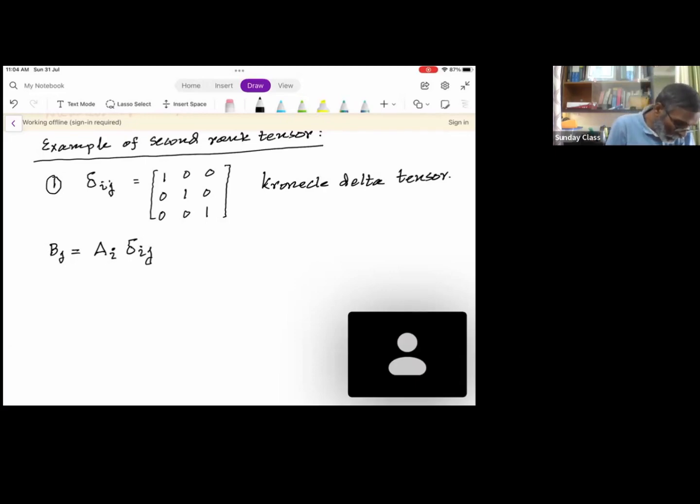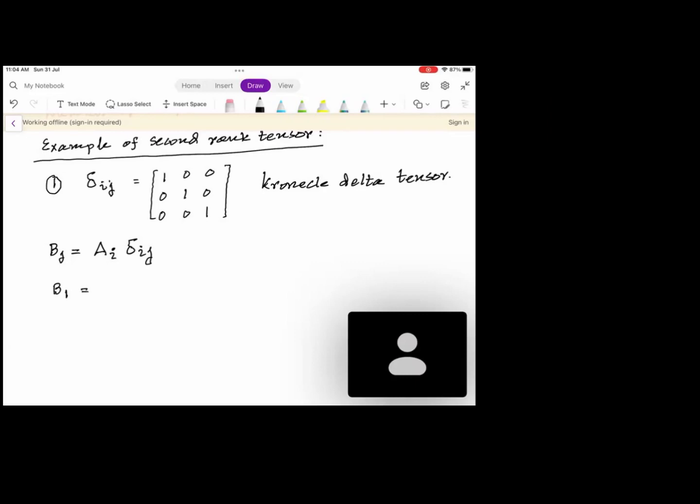Now suppose I fix j. I want to know what is b1. What is b1 equal to? How do I write b1? a1 delta 11.